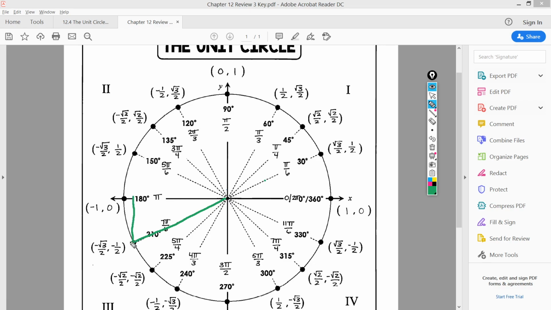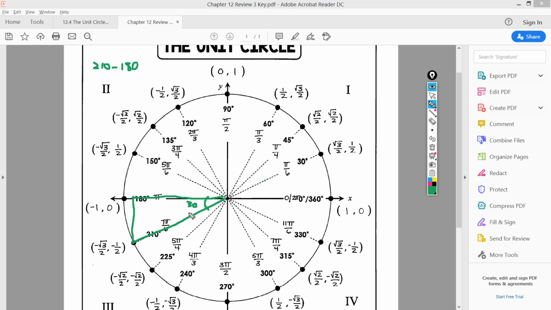That's not a thing. Go to the x-axis every time to make your triangle. And now to figure out what kind of angle this is, just ask yourself, how many degrees away from the x-axis is it? So this is 210. What's 210 minus 180? That's 30. So this is a 30-degree angle.